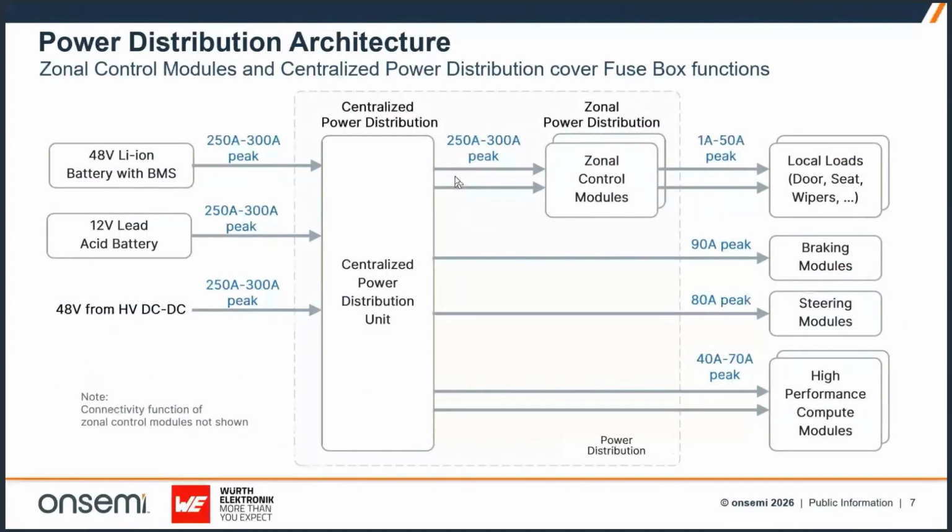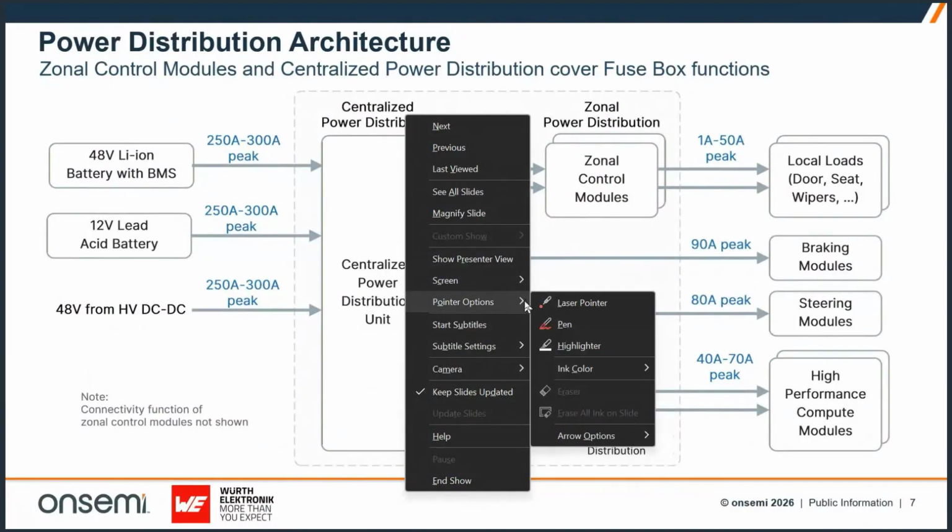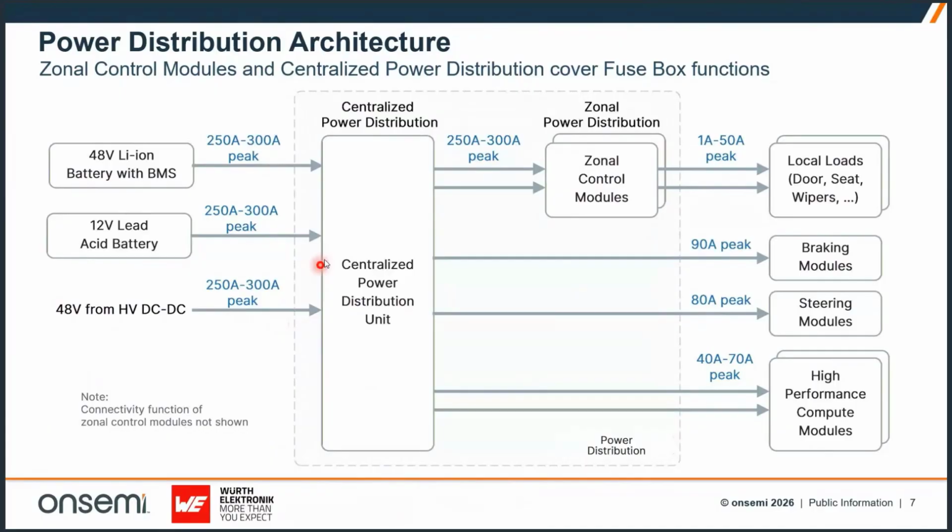If we look now at how this is implemented, we have a centralized power distribution unit. This does the function I was talking about of connecting the braking and the steering modules directly to the centralized power unit. So if there's not enough power from, let's say, the main battery in an electric vehicle, this fails.